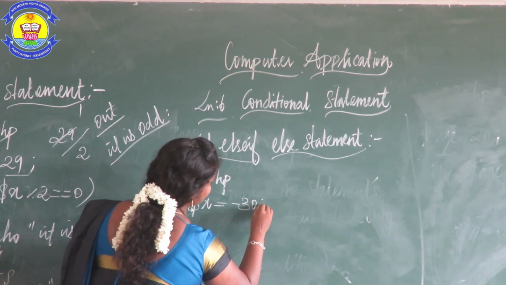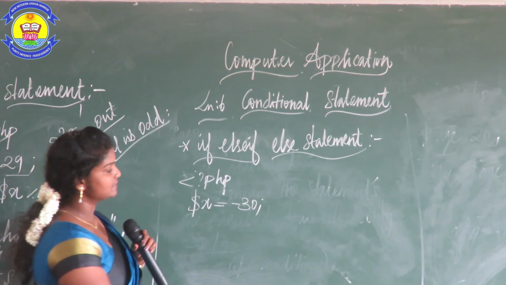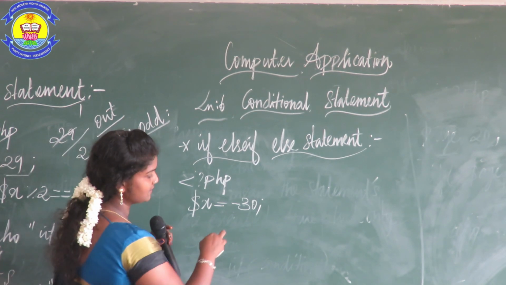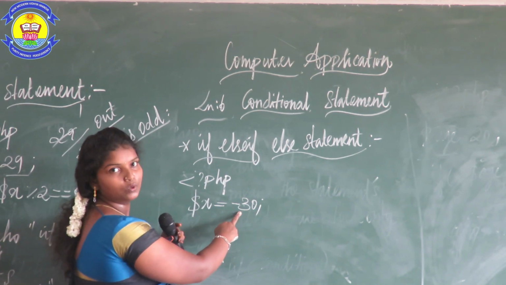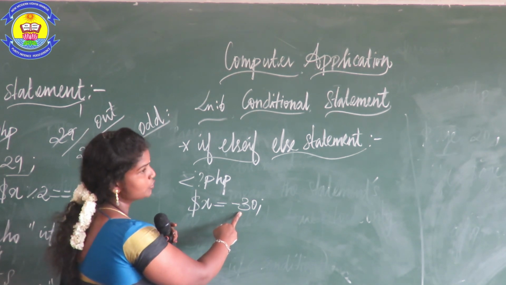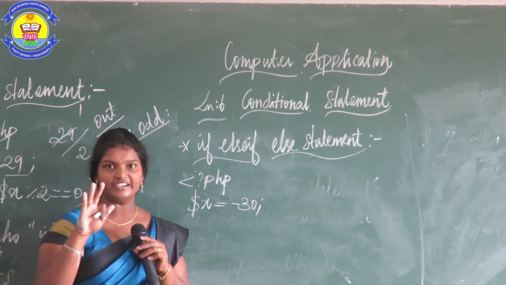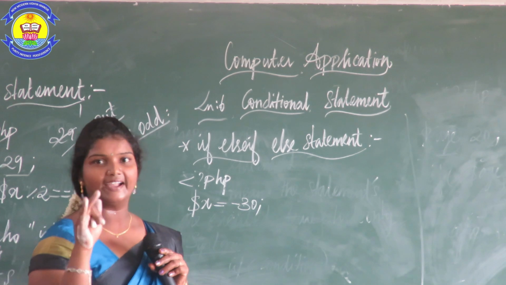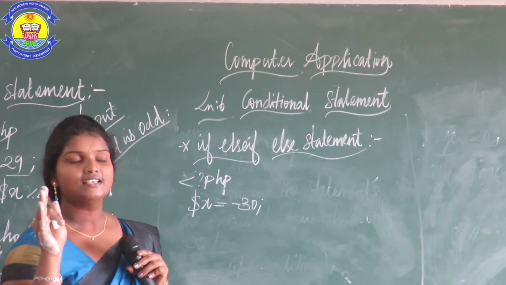So my concept is I'm giving a number. It is a negative number. I'm going to check whether this number is positive, negative, or 0. So now I'm going to take 3 conditions. First one is positive, next one is negative, and the third condition is 0.